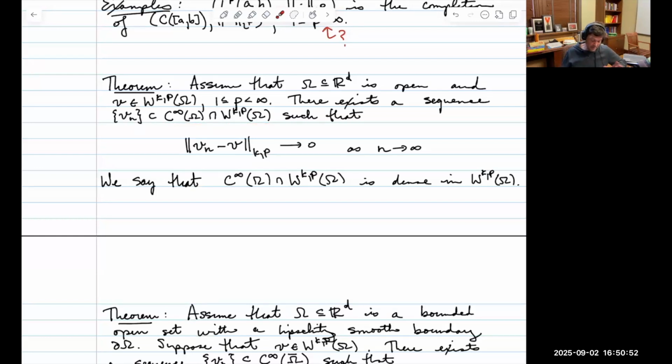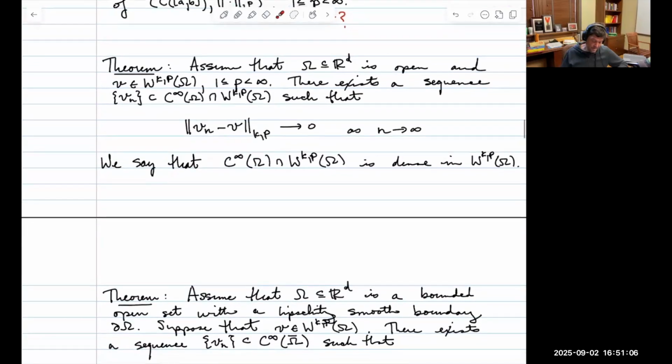I'm saying I need both properties. I need them to be C infinity functions, not necessarily including what's happening at the boundary, and I also need them to be k times weakly differentiable, such that the weak derivative is in LP as well. So there exists a sequence of functions of that type such that Vn converges to V, or in other words, in the Kp norm, Vn minus V converges to 0 as n goes to infinity.